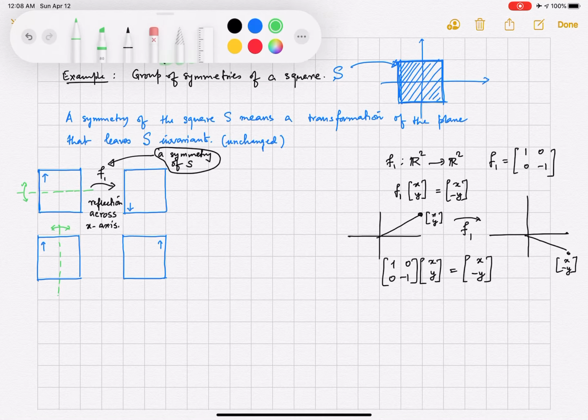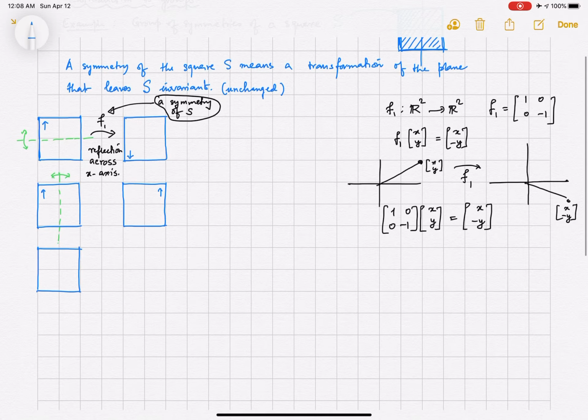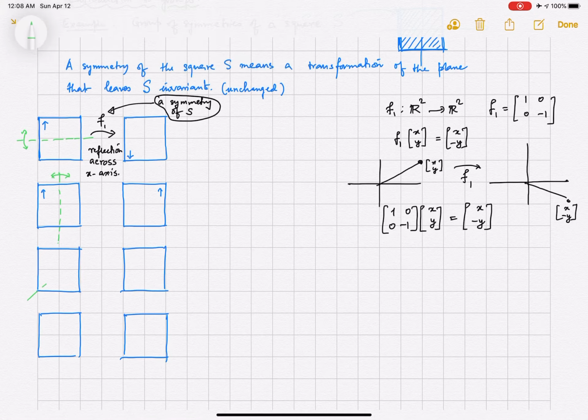Or you could flip it across the two diagonals. Let's draw this quickly. You could flip it across this diagonal, or you could flip it across that diagonal.